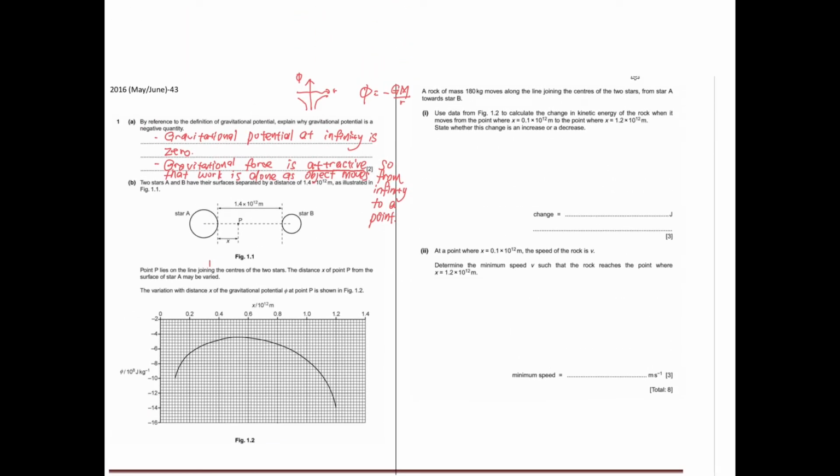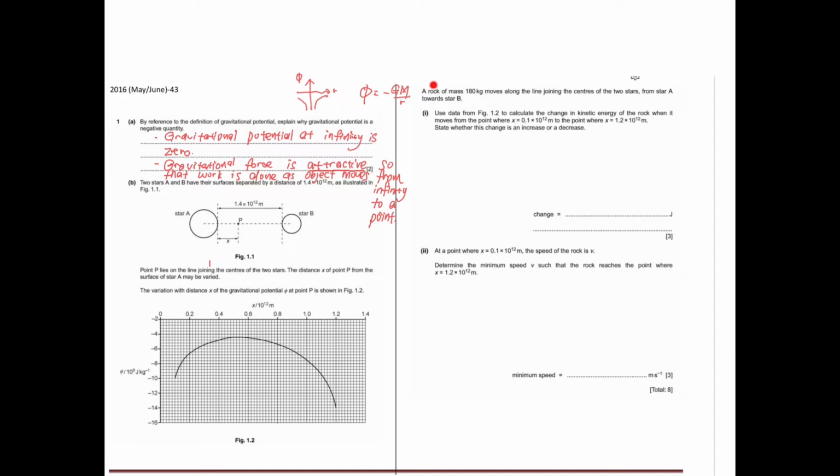This graph is given, and we have to make use of it, and you have to know, or at least understand a little bit, why the graph is like that. Now let's move on to the next part. You have the third object. This is a more advanced question compared to the basic concept that we mentioned just now.